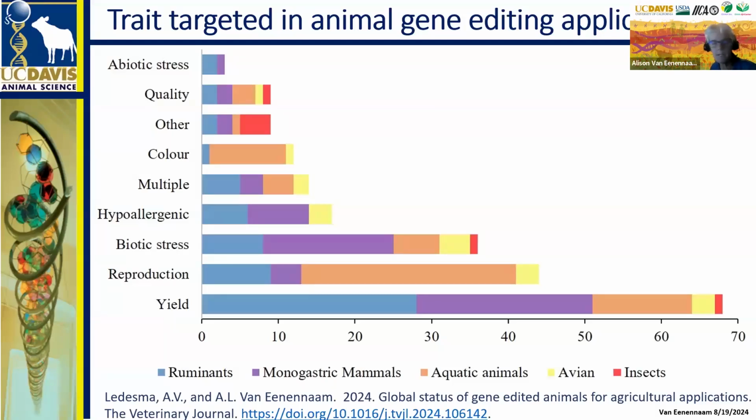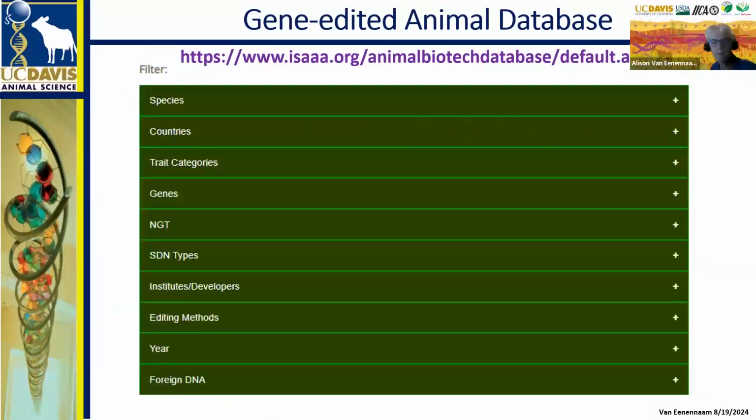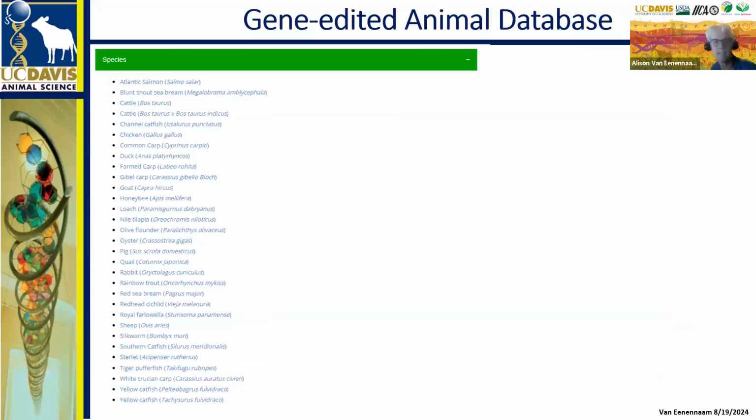We've also put together a website called the Gene Edited Animal Database. EJ from ISA has been responsible for this, and we'll talk about this on the last day of the session. But if you're interested, you can go to this link and find all of the different papers that are there. And if you go into it, you'll see there's a filter where you can filter, for example, by species or what trait categories, what genes.